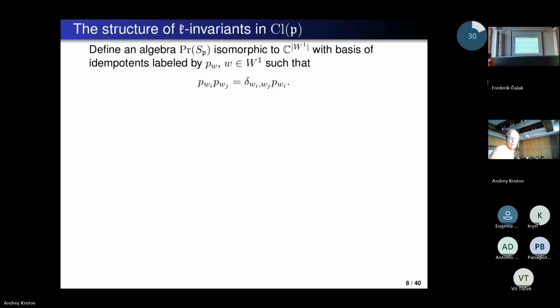That's why we can easily formulate the following theorem with one additional component. So let's consider this very simple algebra of projections. It will have as many generators as elements of W1, with a nice multiplication. So it's just the algebra of projections on the one-dimensional subspace.